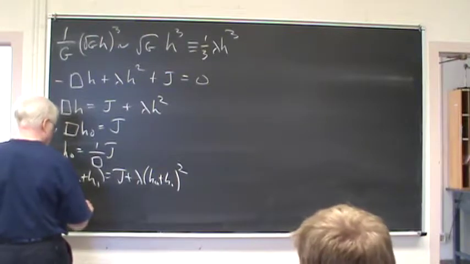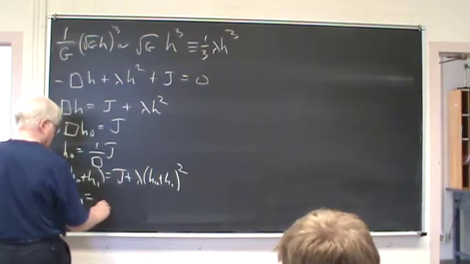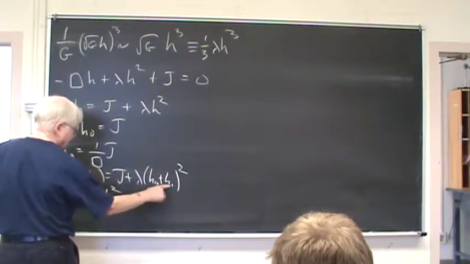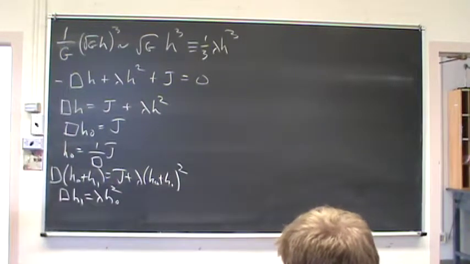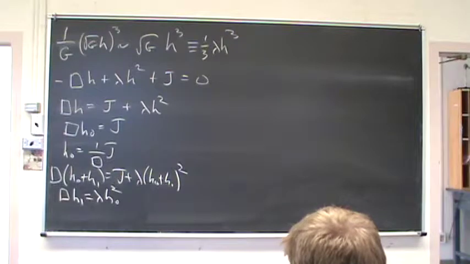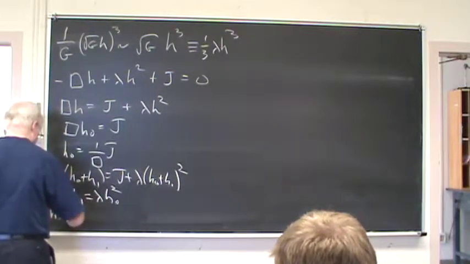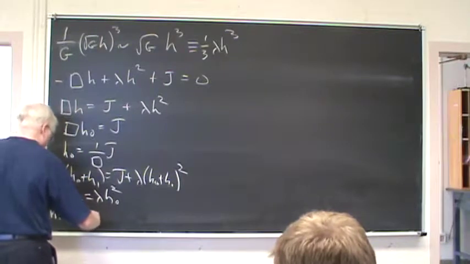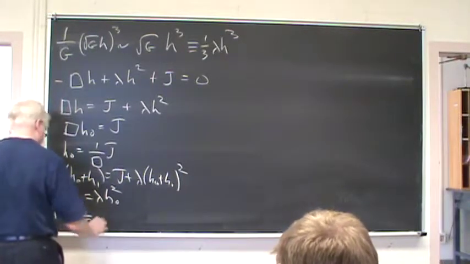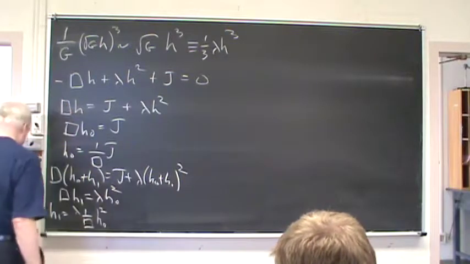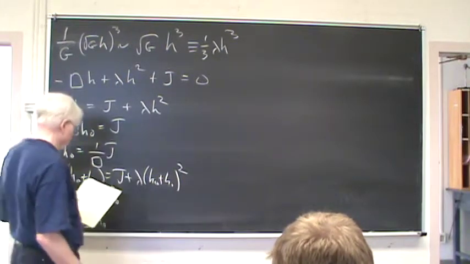We have then box H1 equal to lambda H0 squared, if we ignore H1 squared, because H1 is small. And so H1 is lambda 1 over box times H0 squared.